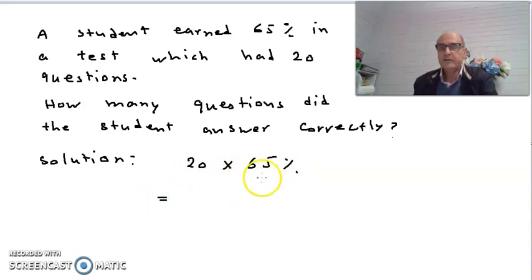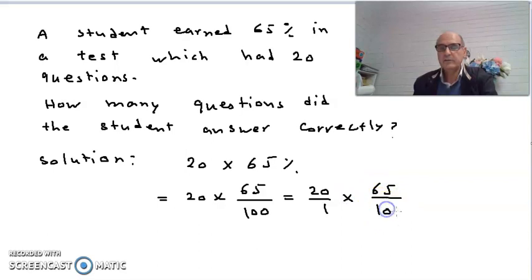All right, again, this is going to be written as a fraction. 65 always over 100. Percentage is always over 100. So I can write 20 as 20 over 1 and 65 over 100.